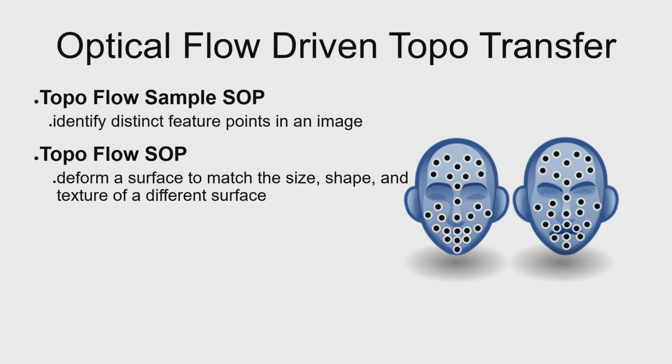The TopoFlow sample SOP uses computer vision to identify distinct feature points in a given image.